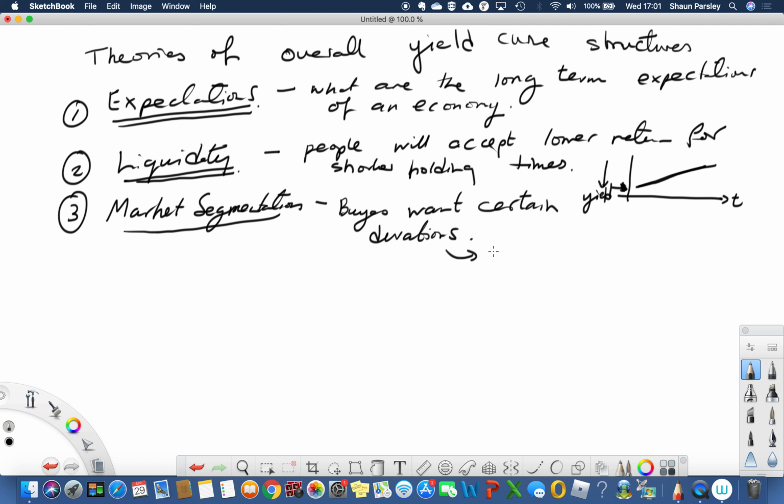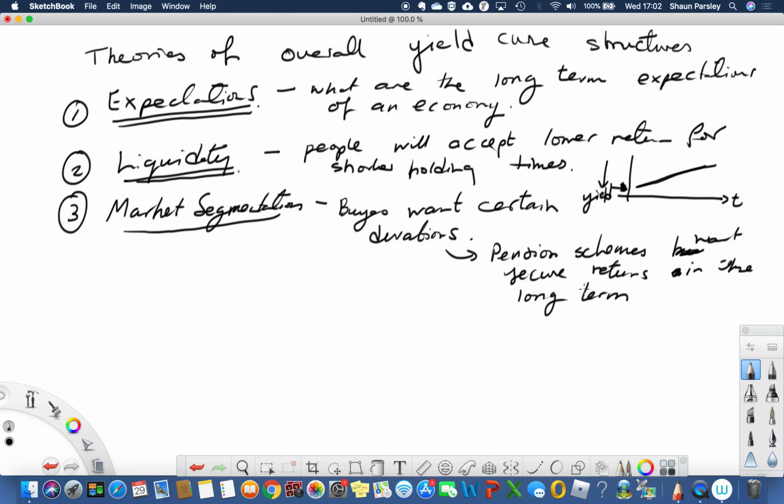An example here is pension schemes. They want secure returns in the long term.